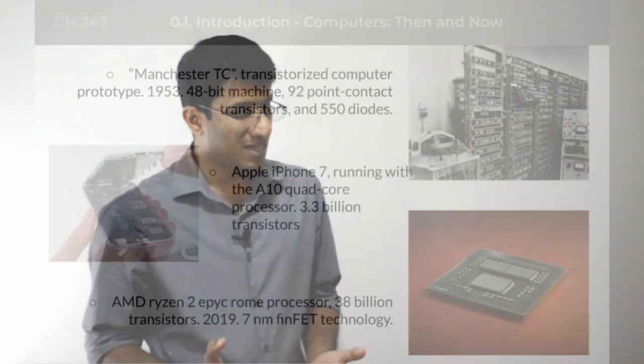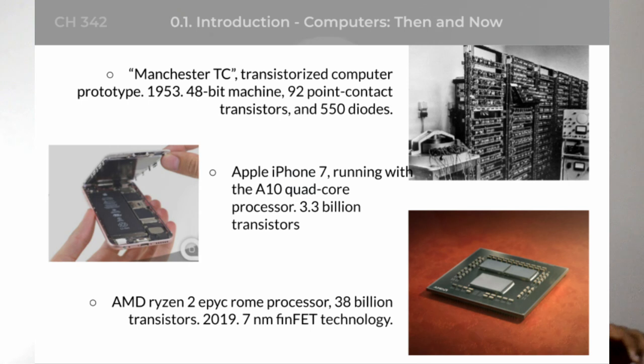Now, just to put into context how much computers have improved during the last 70 years. The first computer that was developed, the Manchester TC, this was in 1953, and it had 92 transistors and 550 diodes. Now fast forward to 2019, and AMD came out with the Ryzen 2 microprocessor, so a small microchip, and in this microchip there's 38 billion transistors.